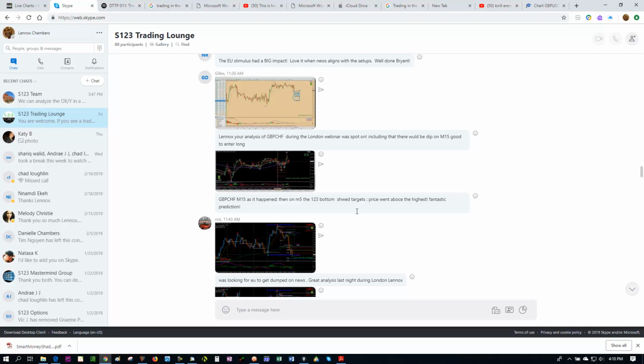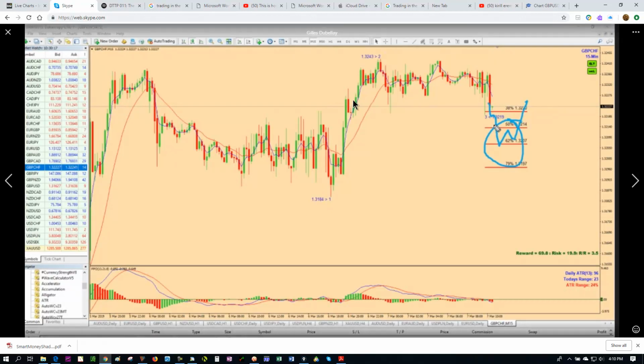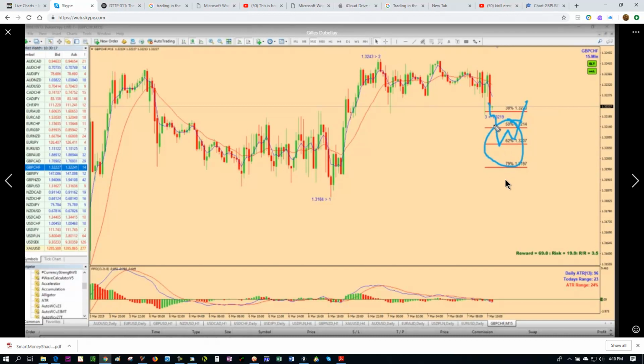So during the webinar the night before, which is a live London session on Wednesday night, we went over a number of pairs and we were looking at GBPCHF. On this particular chart, we went down to the 15-minute time frame and we were looking at what was possibly going to be setting up for this pair. On the 15-minute time frame, I entered a 1, 2, 3 top, or bottom, sorry, to show a possible retrace area and a continuation of the move to the upside.